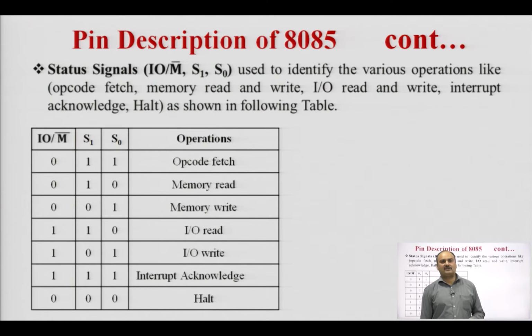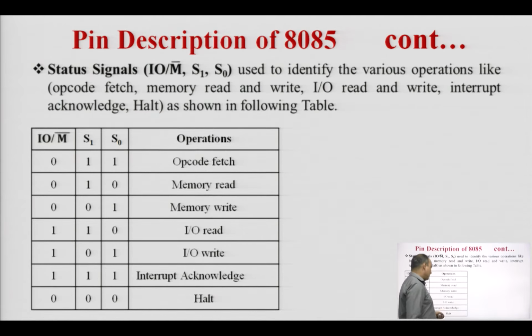The status signals, that is S0 and S1, along with the input output or memory signal, are used to identify the various operations like opcode fetch, memory read, memory write, input output read, input output write, interrupt acknowledge and halt operation. These operations can be represented in the form of a table.